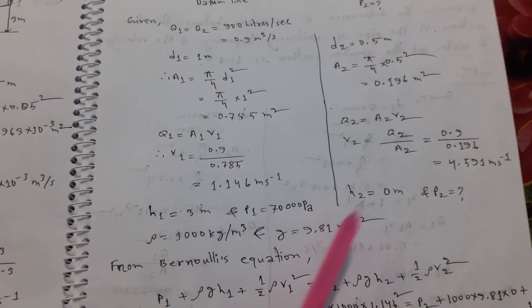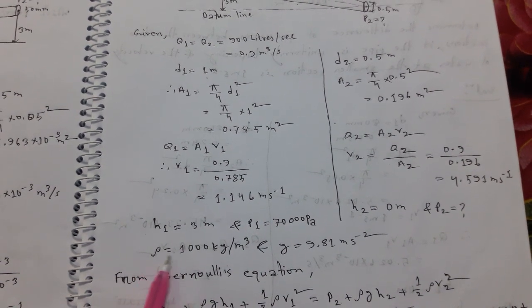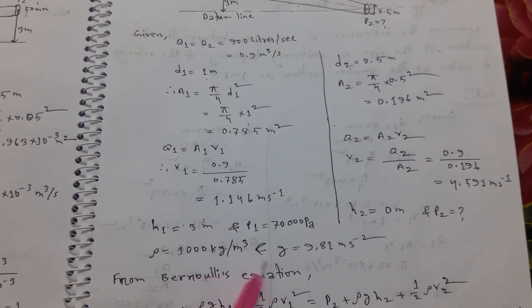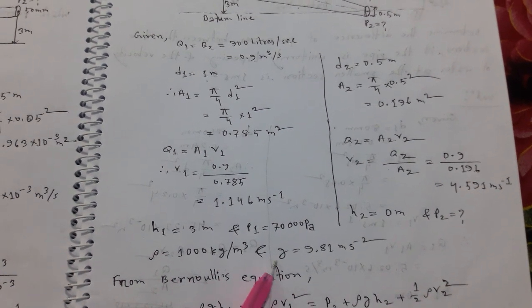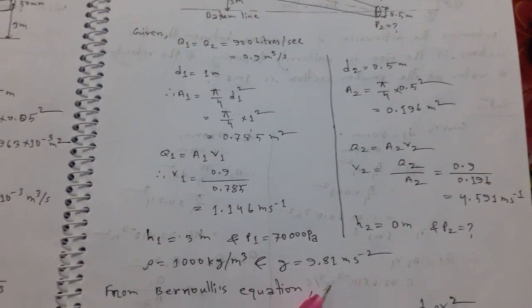Rho and g: for water, density is 1000 kg per meter cube, and acceleration due to gravity is 9.81 meter per second square.